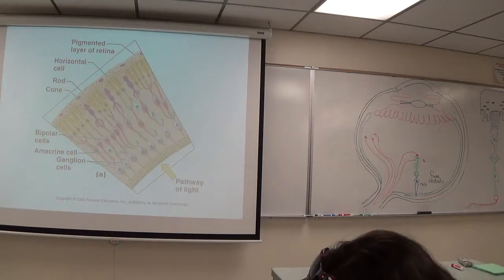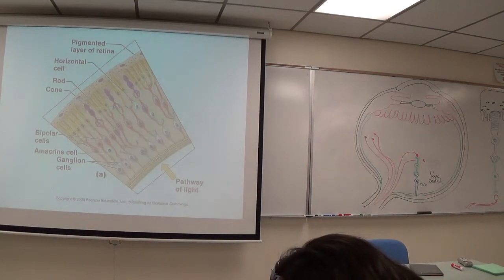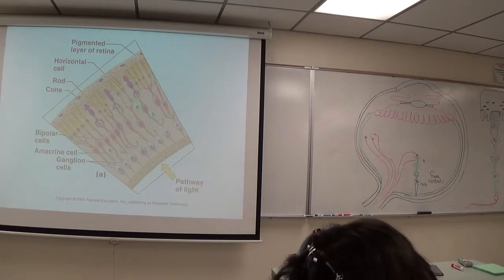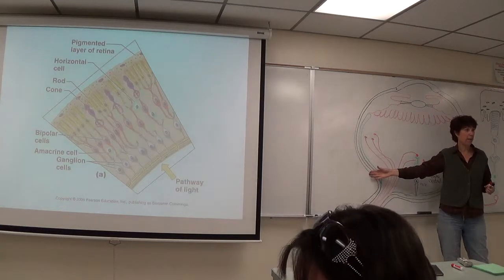When there was a comet in this area about 15 years or so ago, we took the kids out to the countryside where there wasn't so much ambient light, about 2 o'clock in the morning, and I told them, don't look directly at the tail of the comet, look kind of away, and then there would be enough of the rod that light was landing on to be activated. So try that sometime at night, okay? Find a dim star and look at it, and you'll see it better if you look off to the side. That's because the energy will be landing over here or over here where we have more rods.